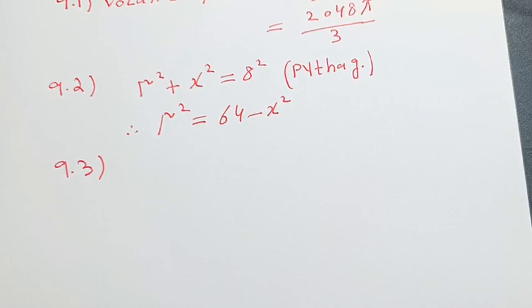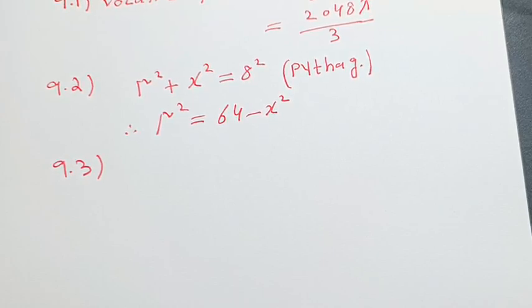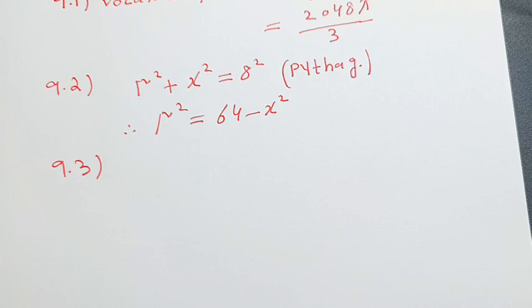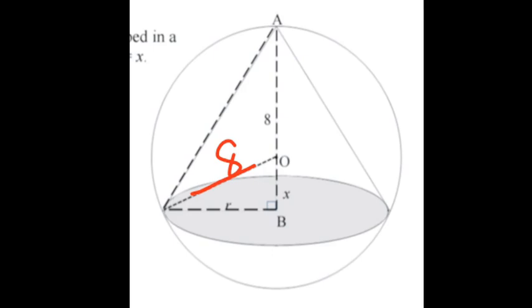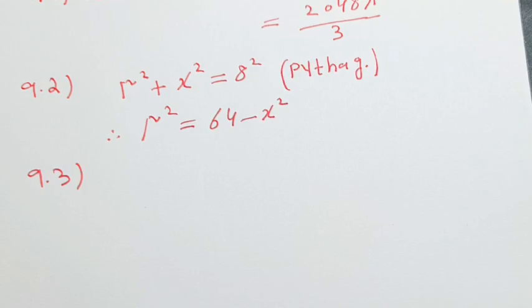This 9.3 is an interesting question because we need to determine the ratio between the largest volume of this cone and the volume of the sphere. So first of all, we need to find the height of the cone. Must remember, this is the height of the cone, 8 plus x. So this is our h. So h is going to be OA plus OB.